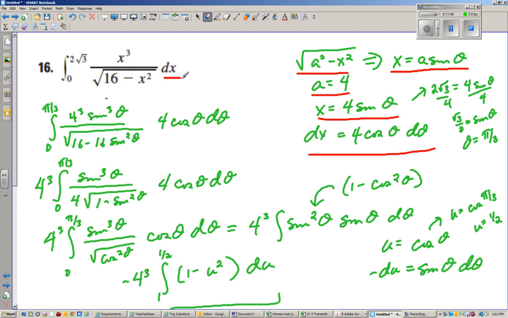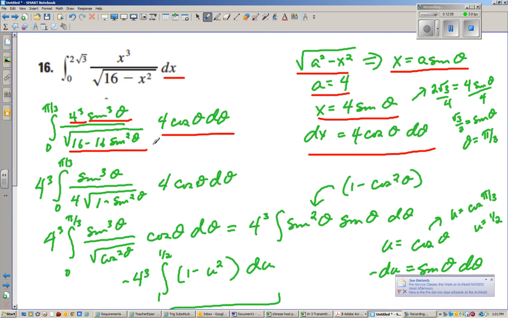So I take dx out, put 4 cosine theta d theta in, x cubed out, 4 cubed times the sine cubed of theta, and then downstairs take the x squared out, putting in 16 sine squared theta.